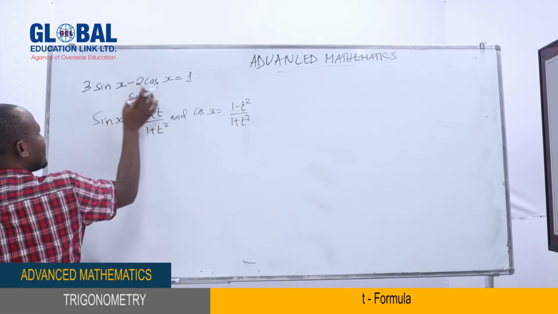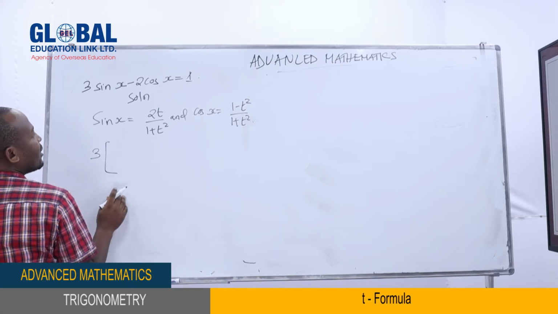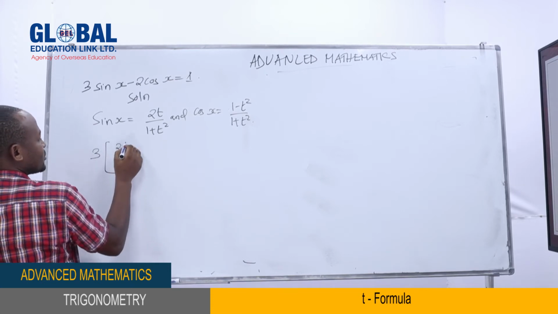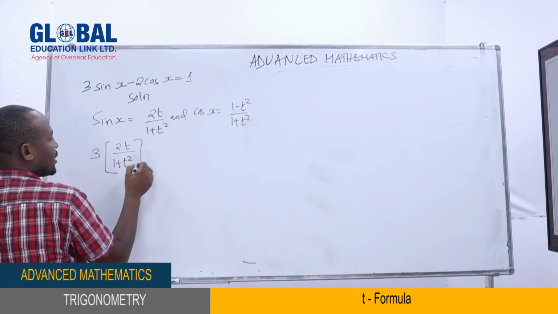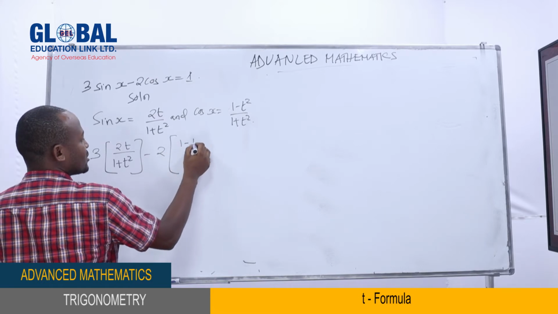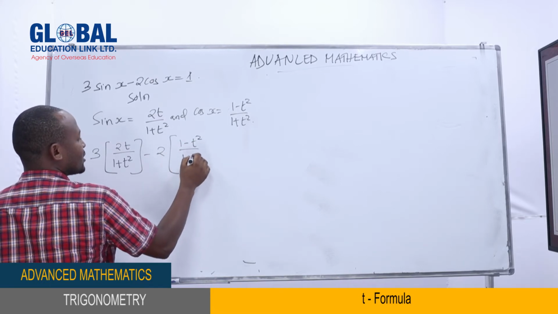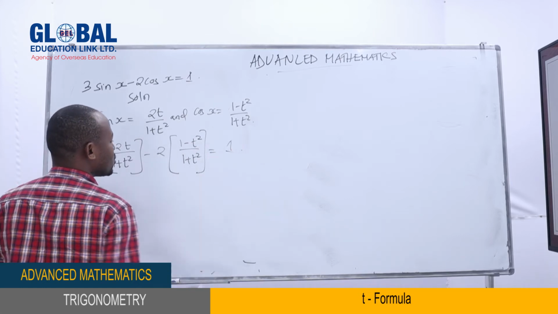That means we plug them in. So we are going to have 3 times 2t over 1 plus t square, minus 2 times 1 minus t square over 1 plus t square, equals 1.